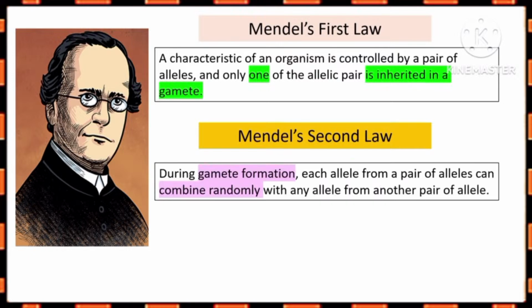Next, Mendel's second law states that during gamete formation, each allele from a pair of alleles can combine randomly with any allele from another pair of alleles.